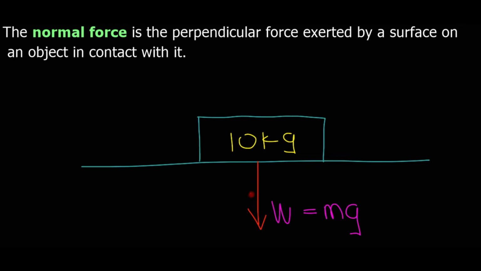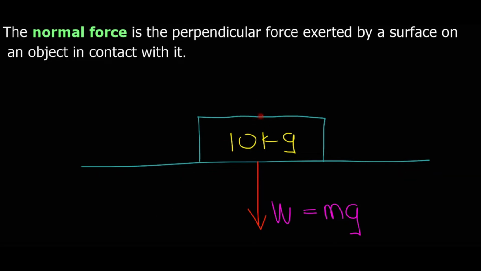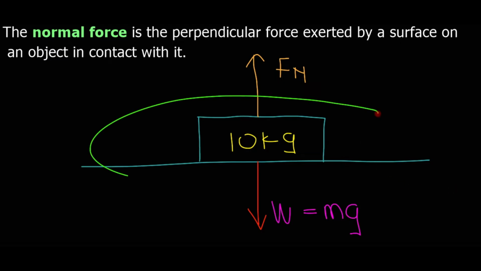Now an object is on the surface. What we know is that a normal force is always perpendicular to the surface. This is our surface, at 90 degrees. The normal force goes upwards, so the normal force acts in this direction. But what is important is that this object is not going up or down, so the normal force equals the weight.